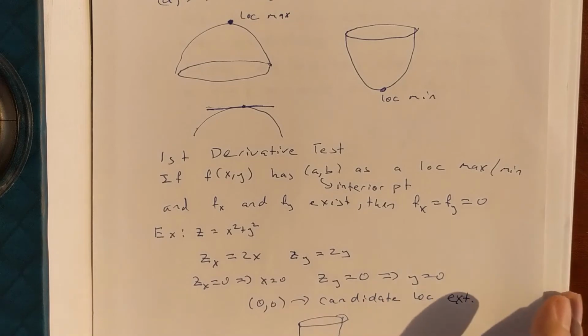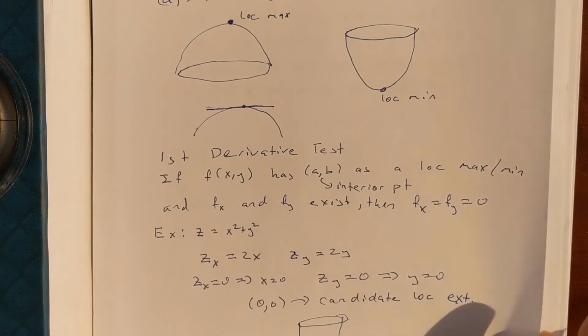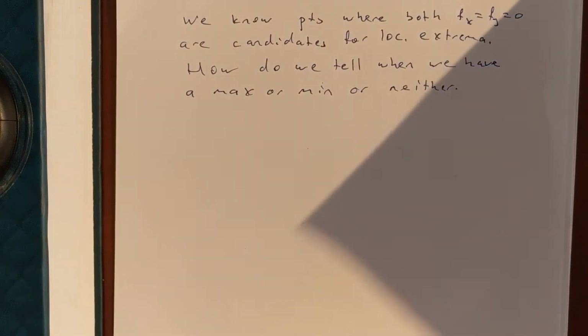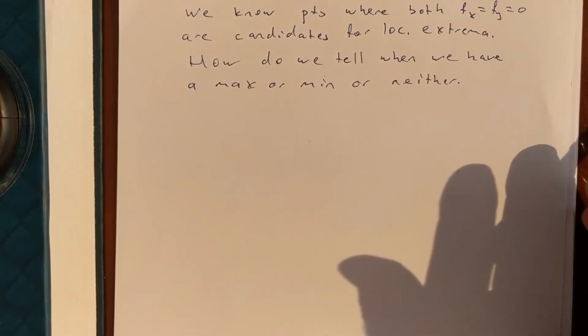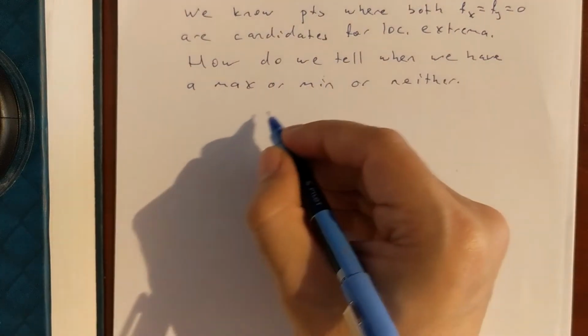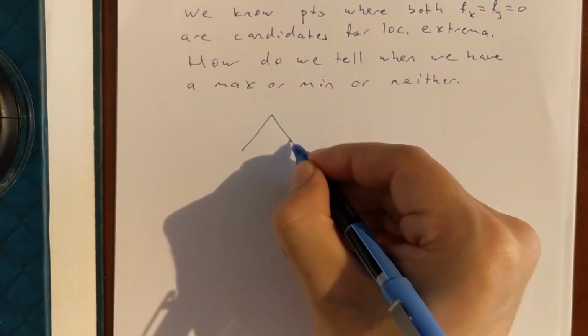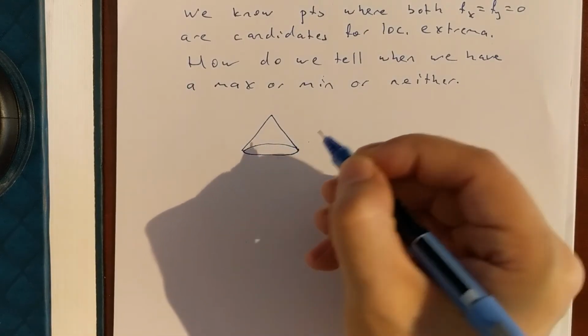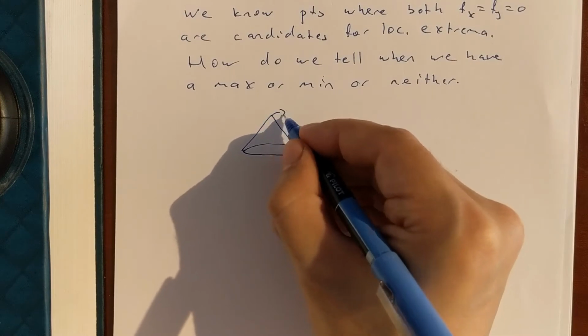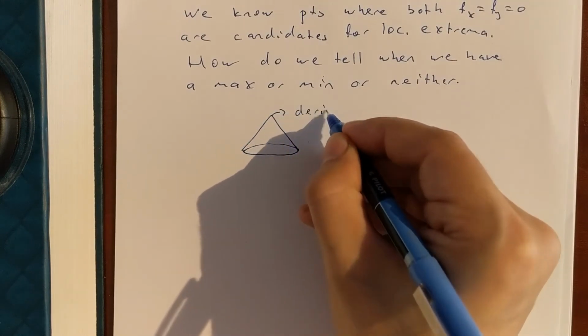If they don't exist, of course, they don't have to be 0. Can you have local maxima and minima where the derivatives don't exist? Sure enough. If you take a cone, like an ice cream cone upside down or just normal, here the derivatives won't exist, because it's a corner.